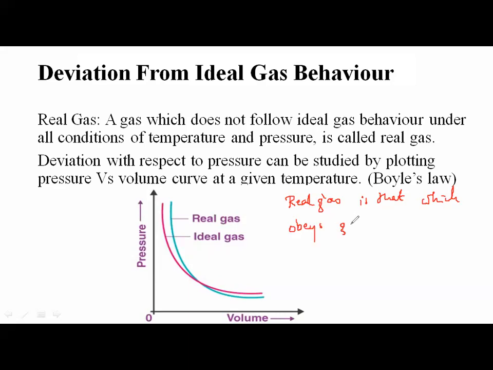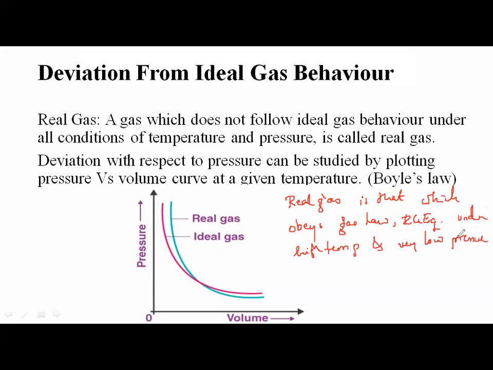Or I can say a real gas obeys gas laws or the ideal gas equation under very high temperature and very low pressure.